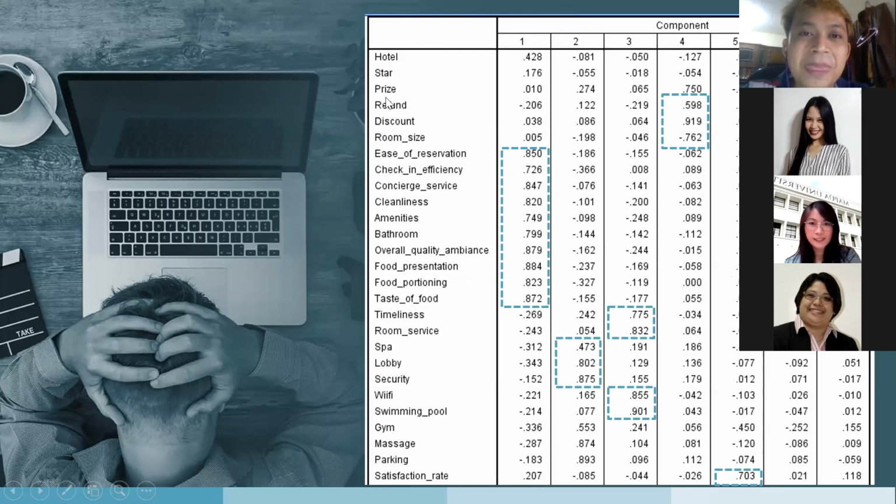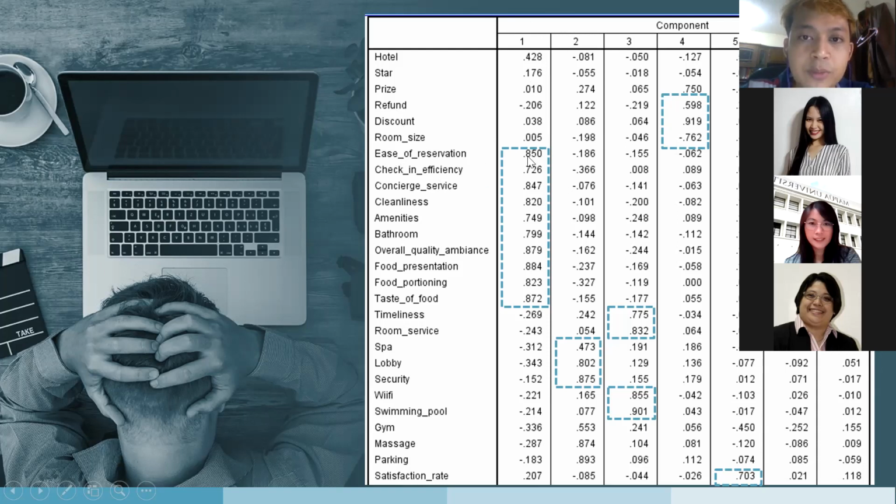Let's say this one is reservation, check-in efficiency, and so on. And this one is spa, lobby, security, the swimming pool and so on. Later on, ma'am, based on all of this, we can reduce all of these variables, these factors, into actually 7, because the software by nature decided on 7. From these 7, how do we know which one belongs to which new group?